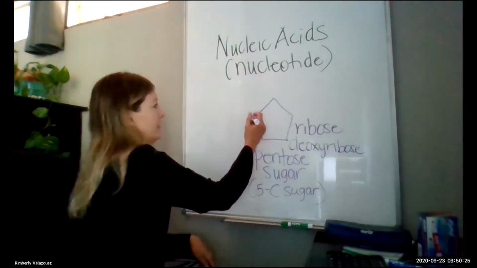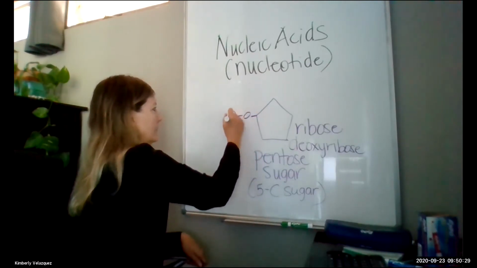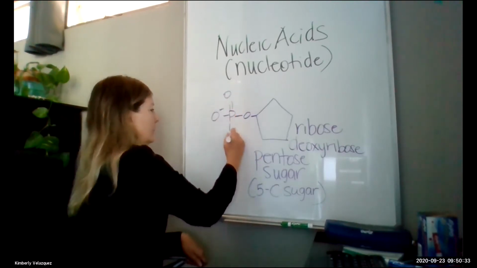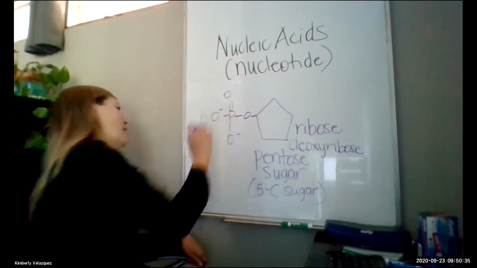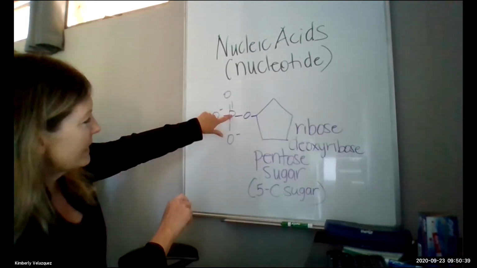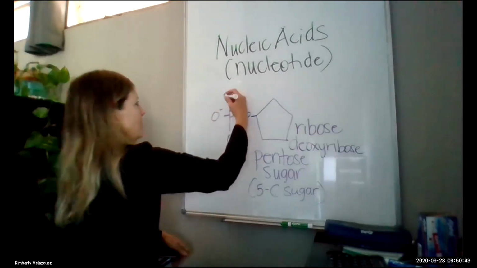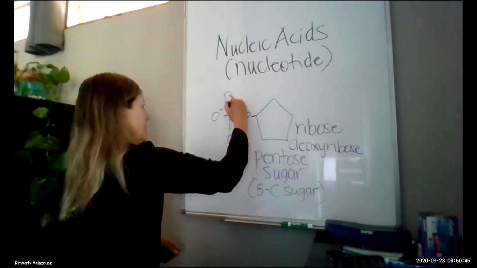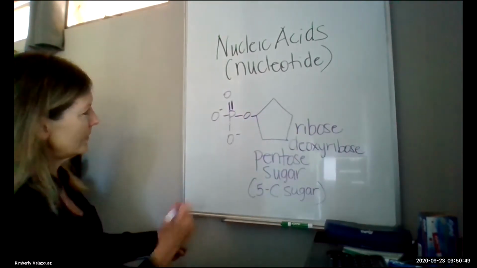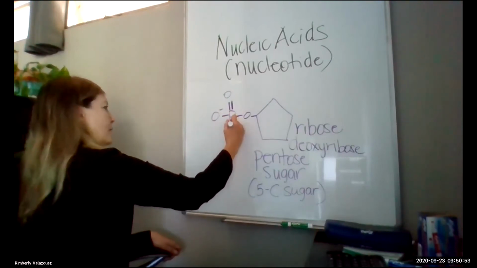Okay, over here, we have a functional group. Okay, so this gets a little tricky. This is phosphorus double bonded to one of the oxygens. So let me draw this a little more clearly. This is a double bond to an oxygen. This is a single bond, a single bond, a single bond.